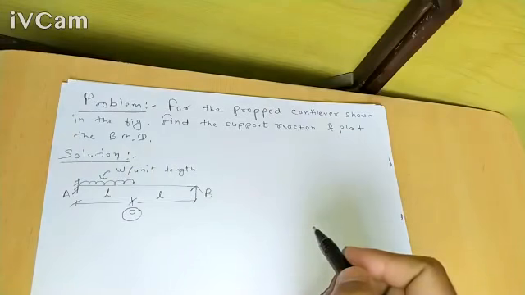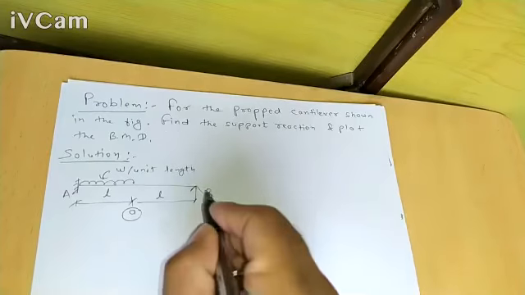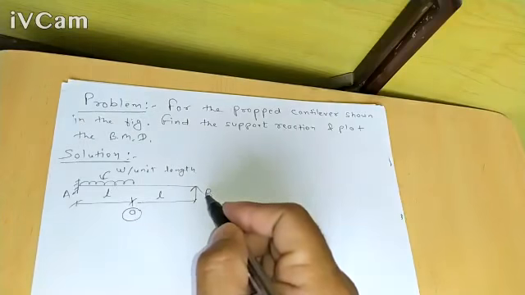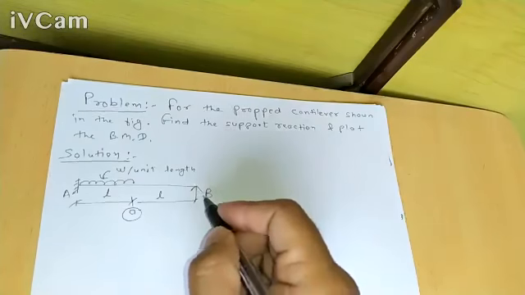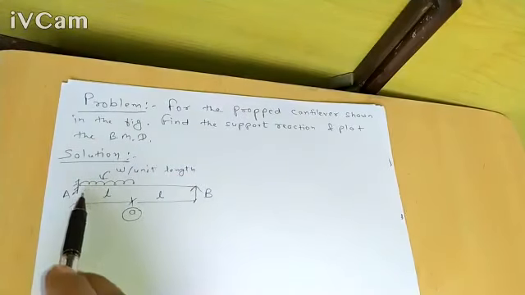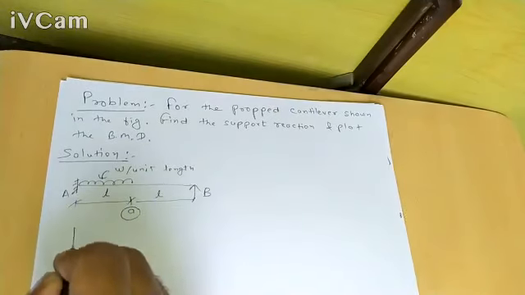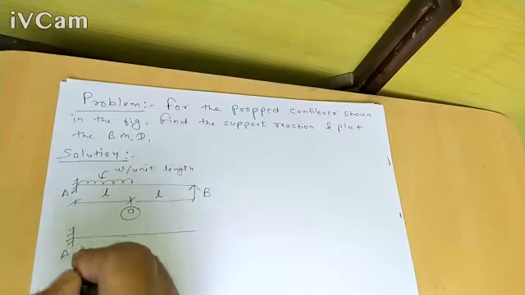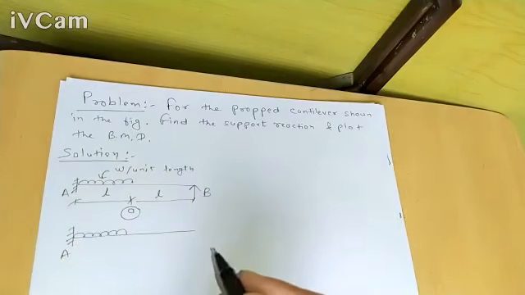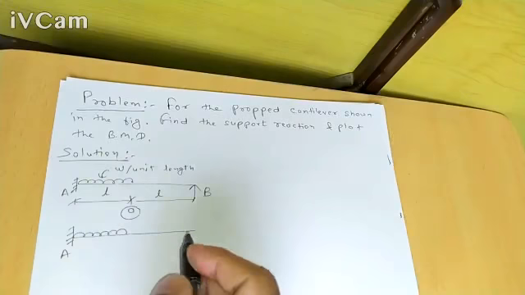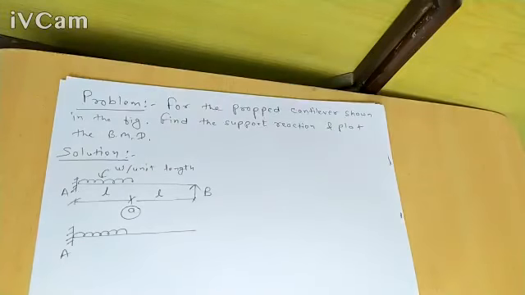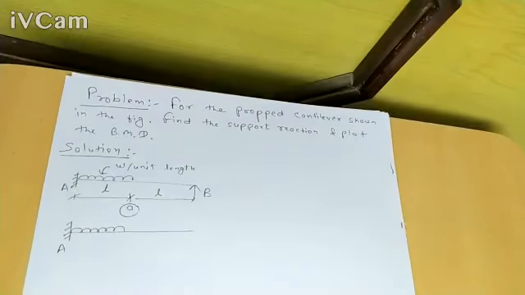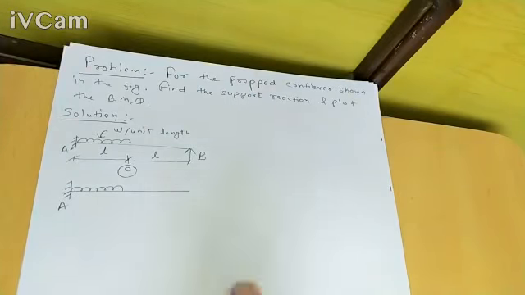Now, what is to be done first of all? First, you have to remove the support from position B, and draw the bending moment diagram considering only the fixed support and the load, with no support at B. So we'll draw this one first.